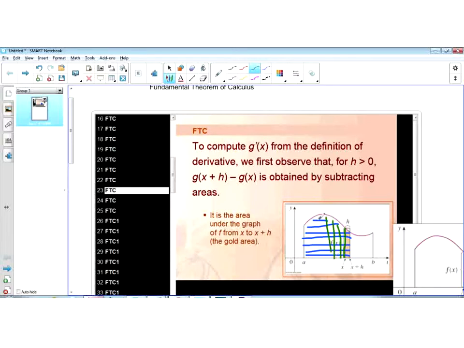So when you subtract the green area from the blue area, you'll end up with this orange strip from x to x plus h. And that orange strip area is g of x plus h minus g of x. It's the area under the graph of f from x to x plus h, the gold area, that is, they call it. I call it the orange area. I can't tell. All right?